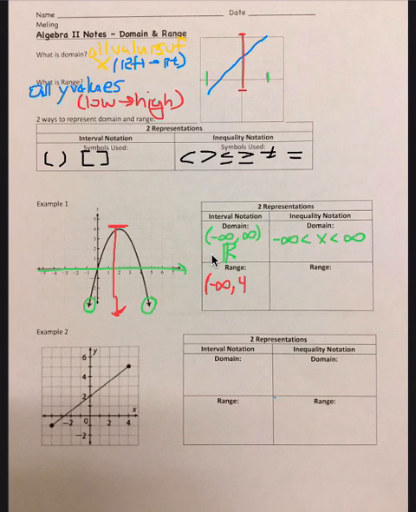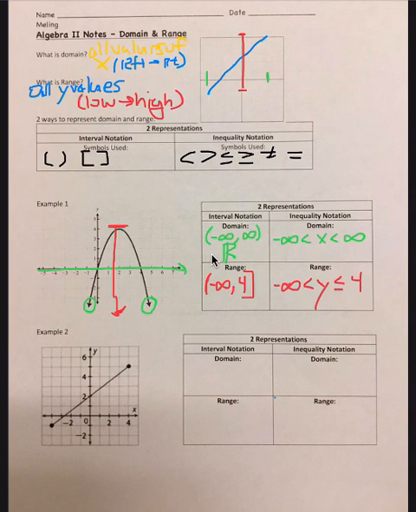So it doesn't get any higher than 4, and it's closed at 4 because it stops at that point. It doesn't go any higher. And so we put the bracket. And another way to list it in inequality notation, negative infinity less than y is less than or equal to 4. So don't forget the y. A lot of people will just put x for both. Well, it's wrong if you put x in the range.